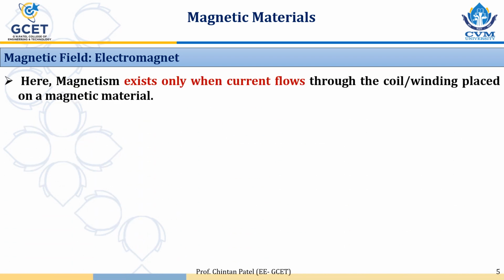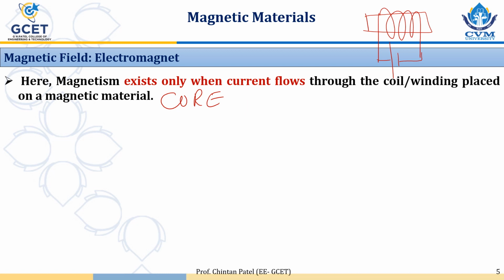In this type of magnet, the magnetism exists only when current flows through the coil or winding, and this coil or winding is placed on a magnetic material which is known as a core. So for example, there is a core like this, and over the core a winding is provided, and this winding is connected with the source.